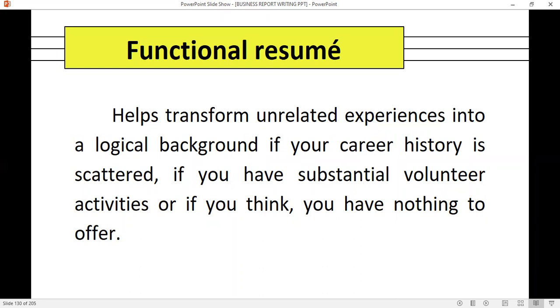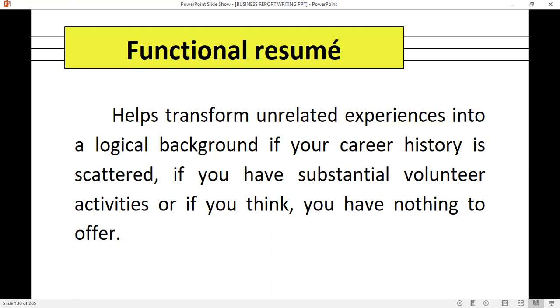Next to that, you went to a bank. So your career history is scattered, not straight, and it's not just one work or experience. So a functional resume will help you arrange your career history logically.